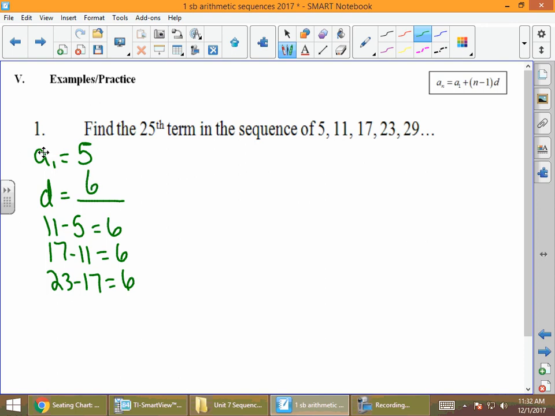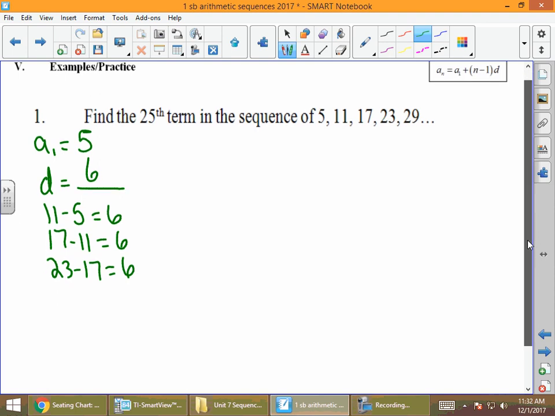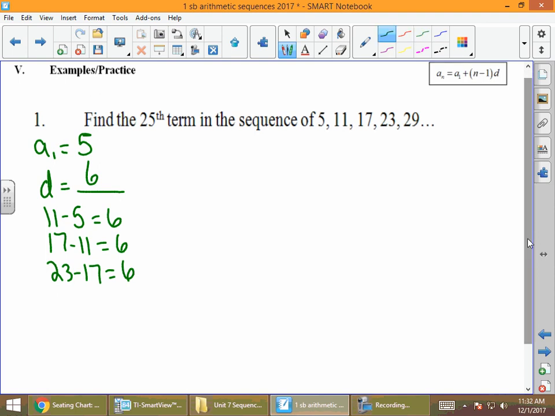And in fact, we know one other piece of information in this problem, and that is n. And n is 25. So it doesn't ask us to find the general rule in this problem. We can go straight to it to figure out our value.